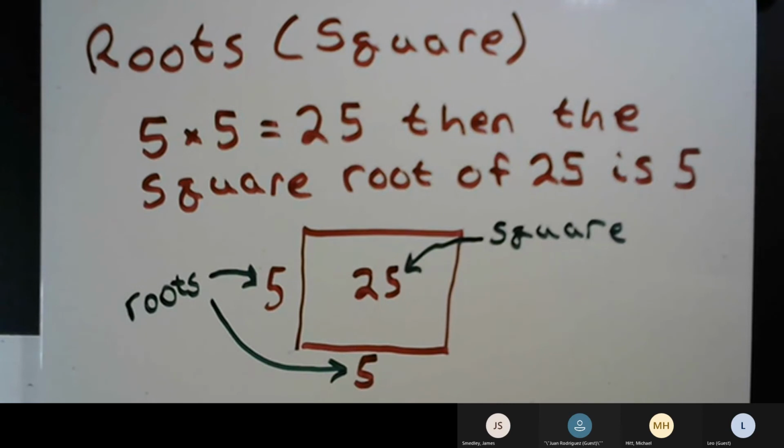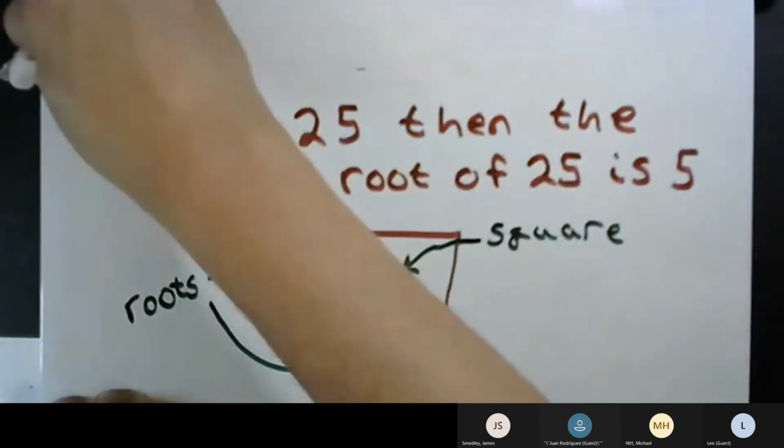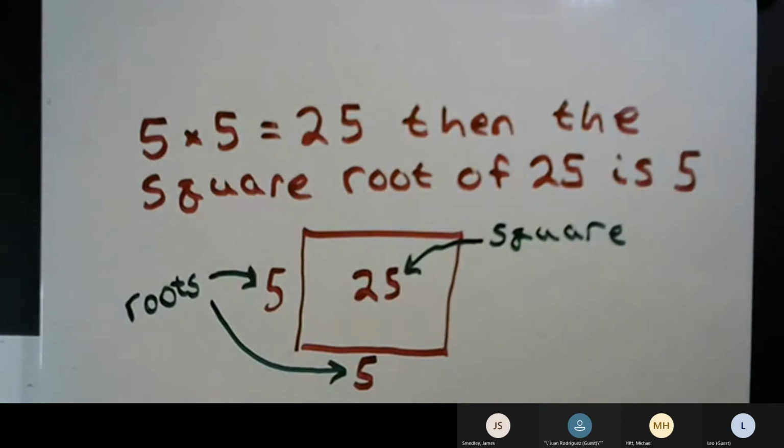So any questions about that? So to a large extent, what's going to happen is, in the beginning at least, square roots are going to be kind of a test of really your multiplication tables.